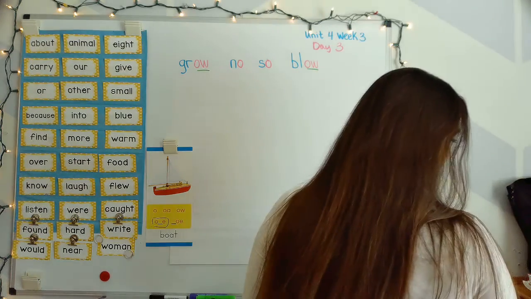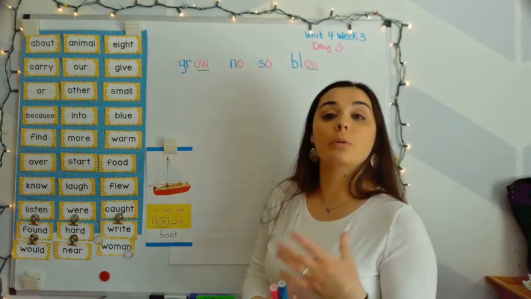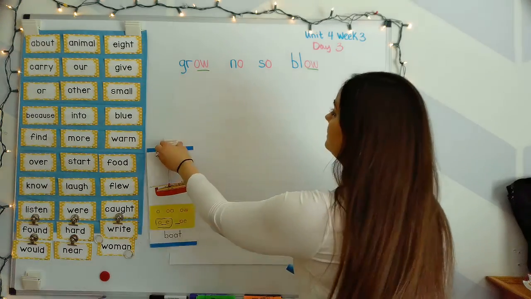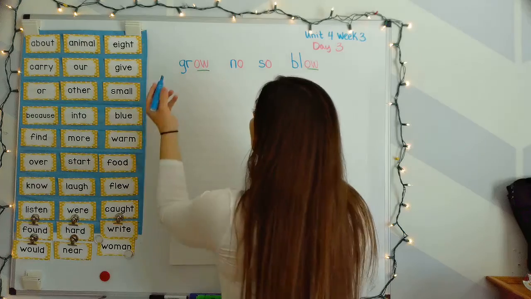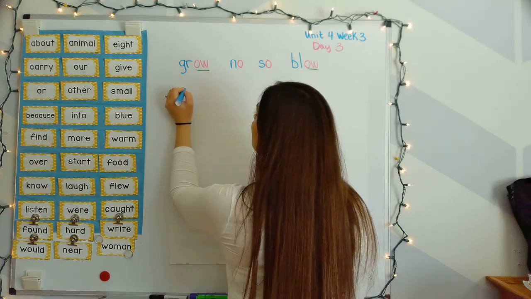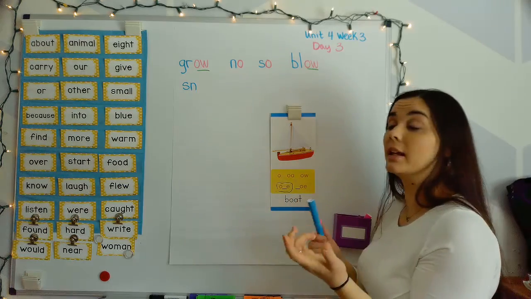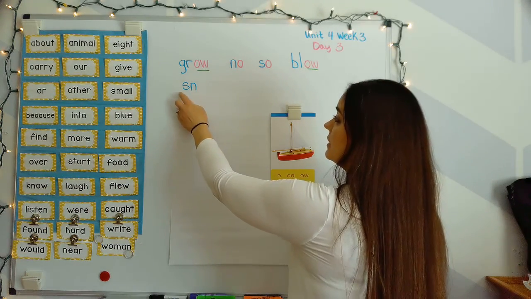Lovely. All right, next word. Snow. Your turn. Sn-O. Snow. So S-N, just one of those beginning blends. S-N, sn.